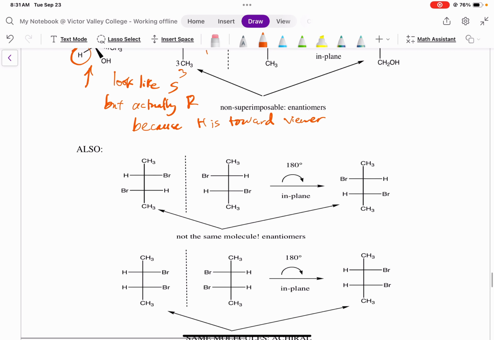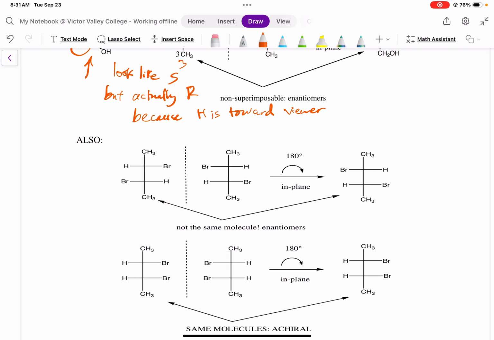Couple more examples, and with that we can do a lot. Like hydrogens towards us. So that's 1, 2, and 3.